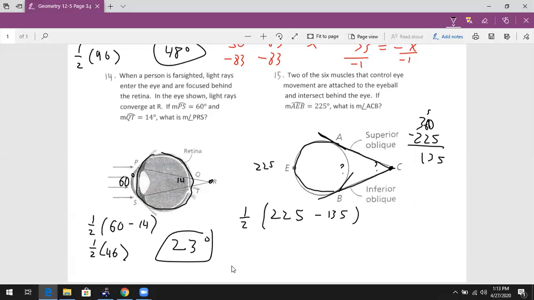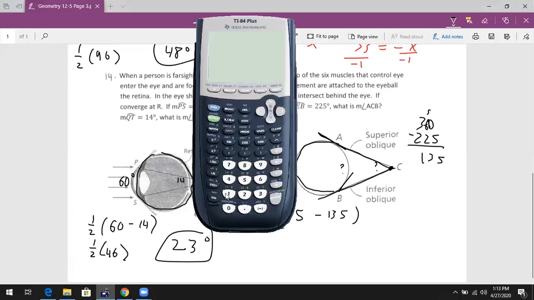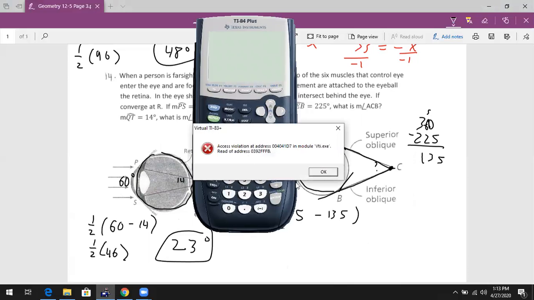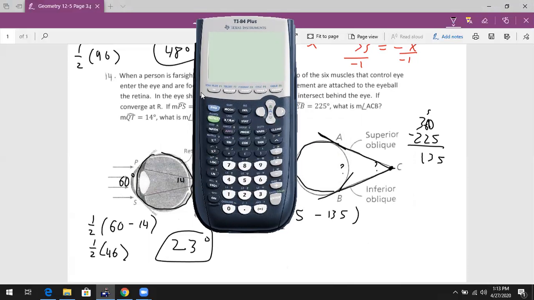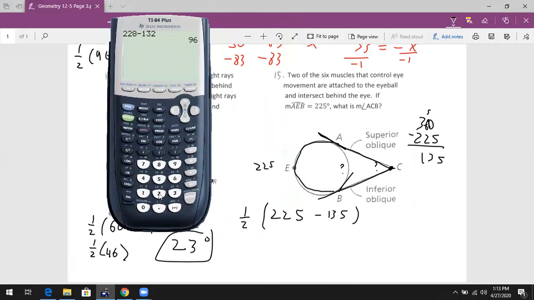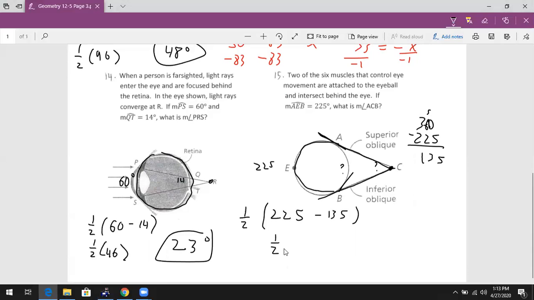Okay, so 225 minus 135 gives us 90. Half of 90 is 45. So 45 degrees.